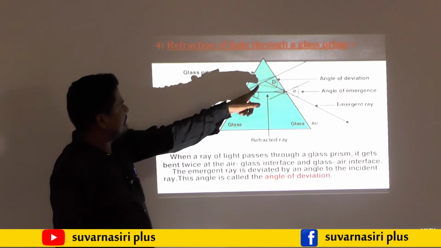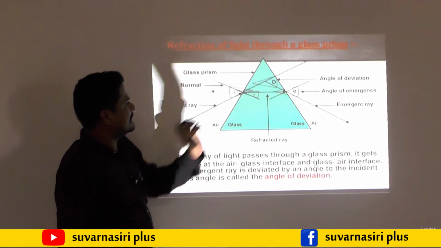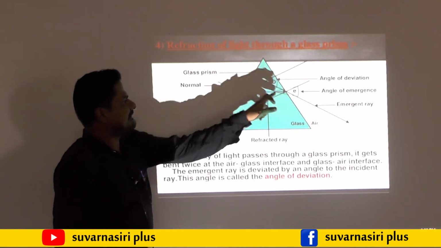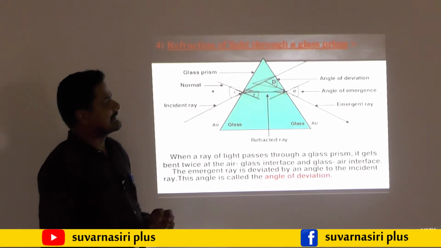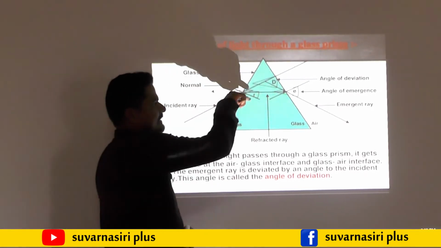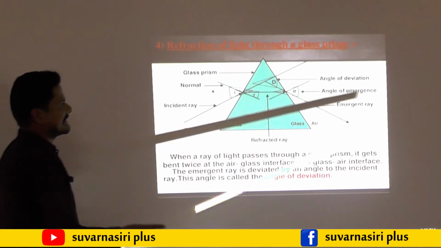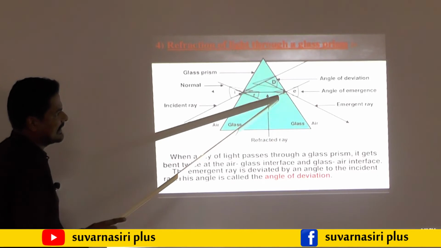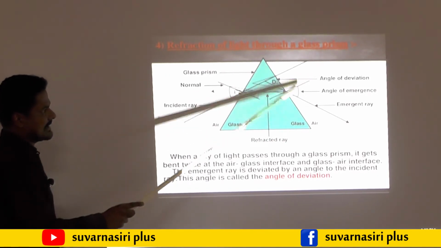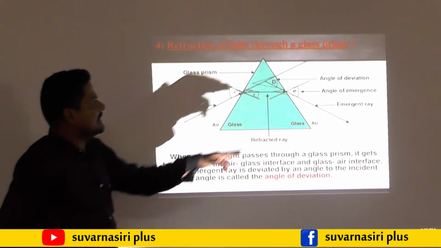The angle formed between the normal and the refracted ray is called the refracted angle. The angle formed between the emergent ray and the normal is called the angle of emergence.